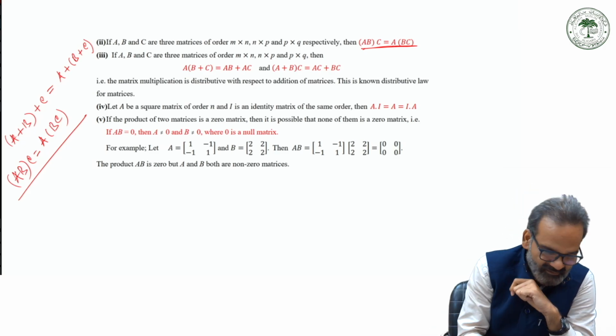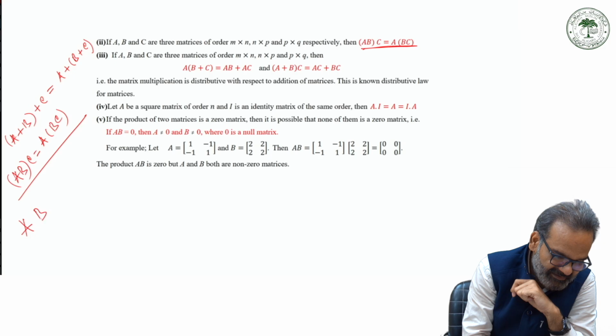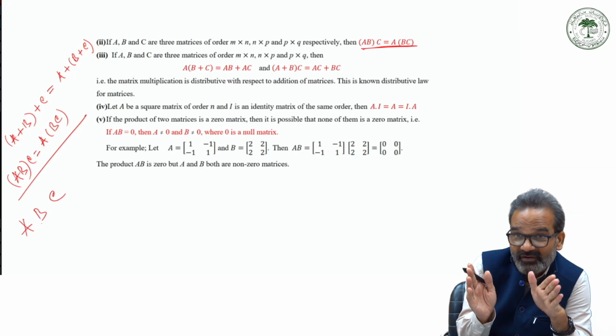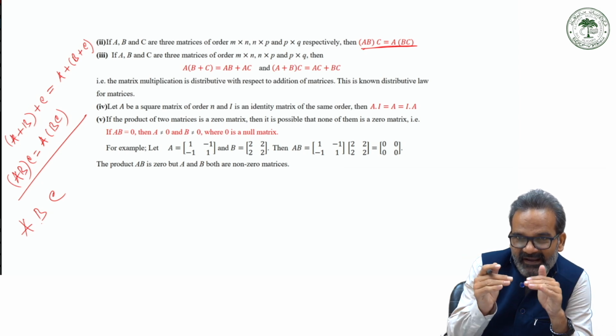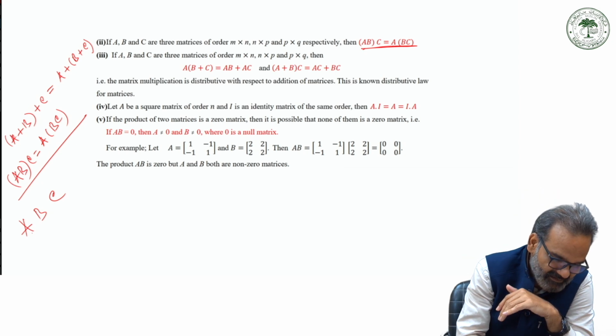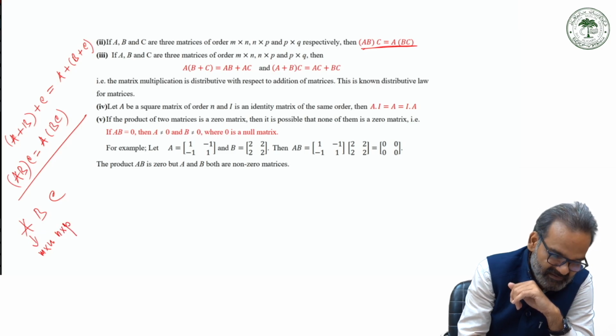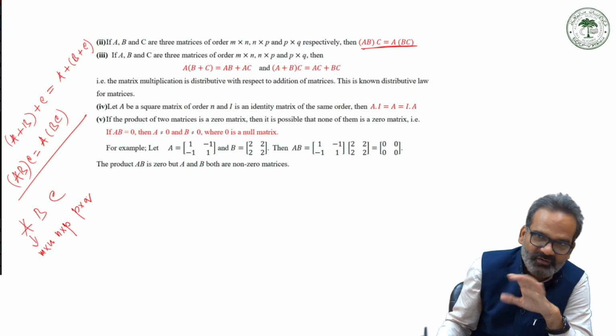But look here, we multiply A, B and C, so their order should be preserved, or rather the basic condition which must be satisfied before multiplying any two matrices. If A is a matrix of order M by N, and we multiply A with B, then the order of B should be N by, say, P. B is multiplied with C, then the order of C should be P by, say, Q. Are you getting the difference?